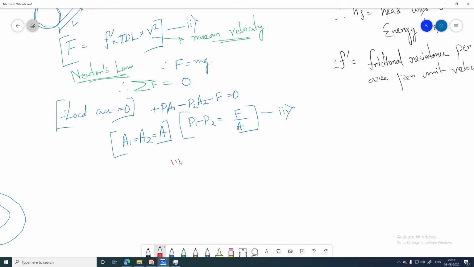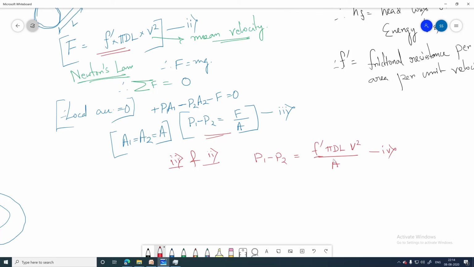From equation number 3 and equation number 2, we can write P1 minus P2 equals F dash pi dl into V square by A. Consider this one equation number 4.